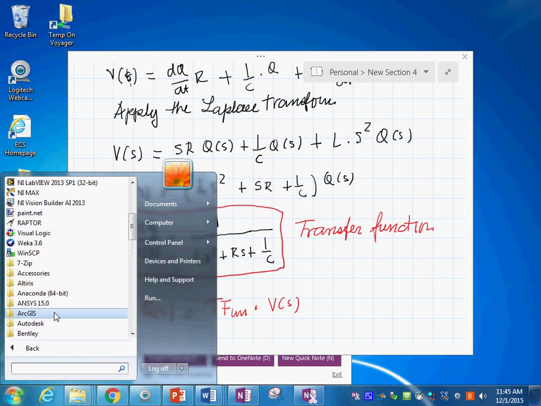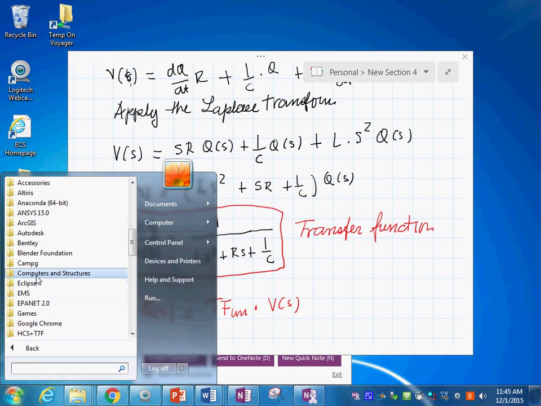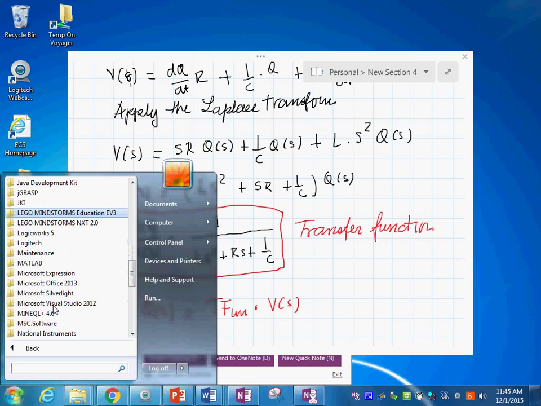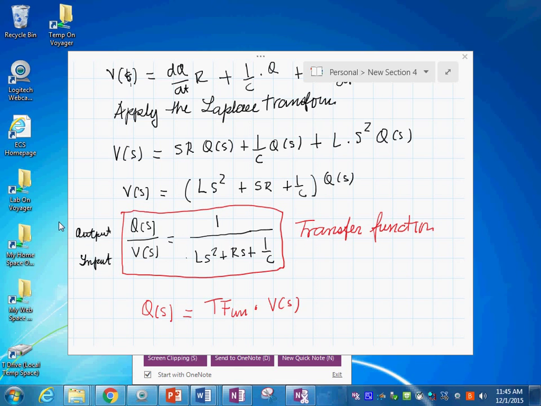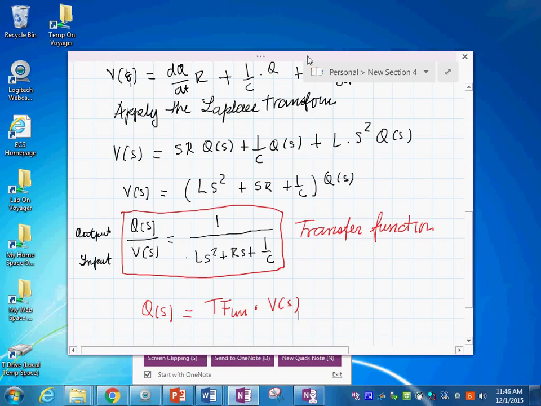I think you will like this, because right now, if I have the system, and I told you that if we know the transfer function and we know the input, then we should know the output. So we could make a test with an input.